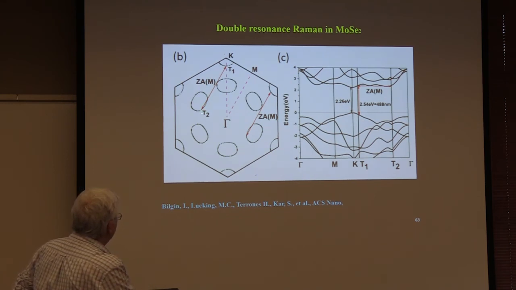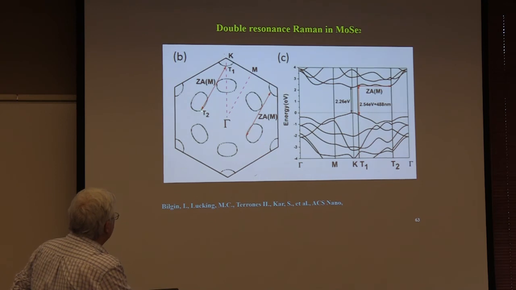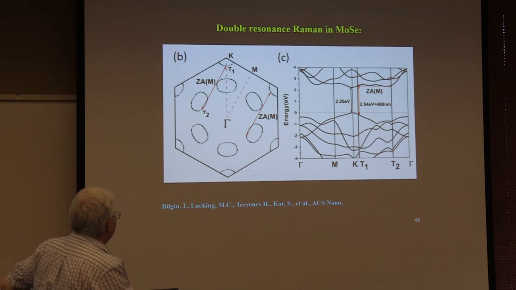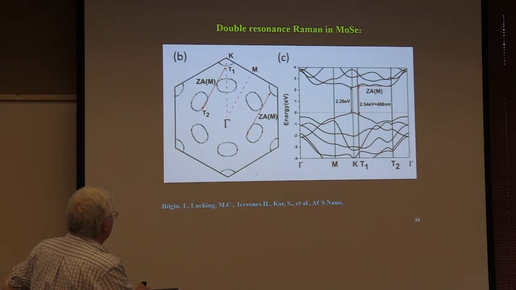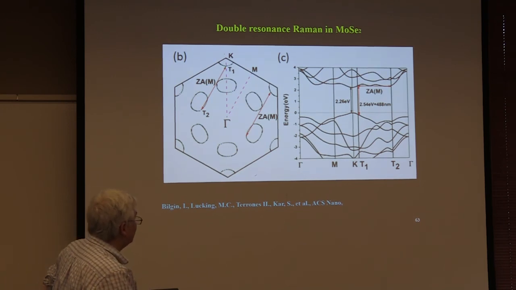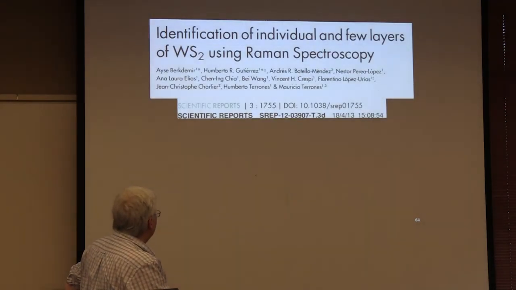This is the isosurface. You cannot go to any place, just places where you have a value of energy or similar value, and then you can scatter back your electron. So this is called the double resonance effect.